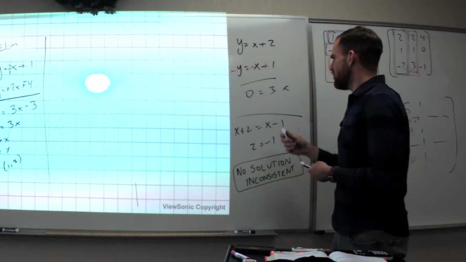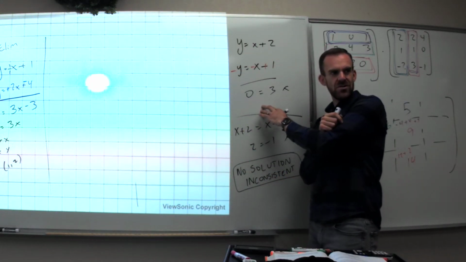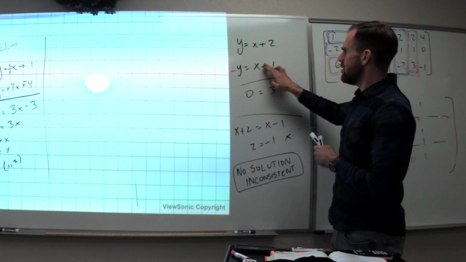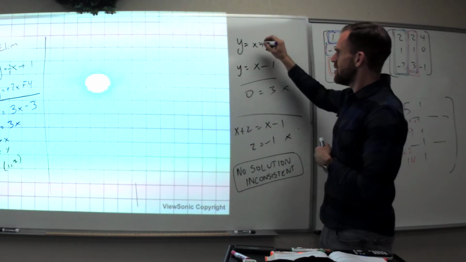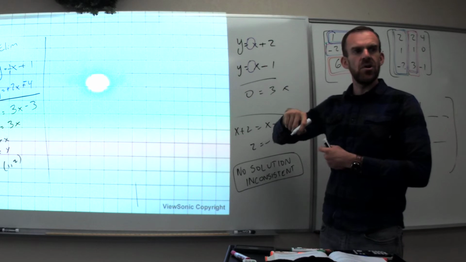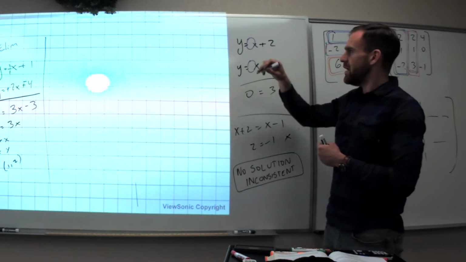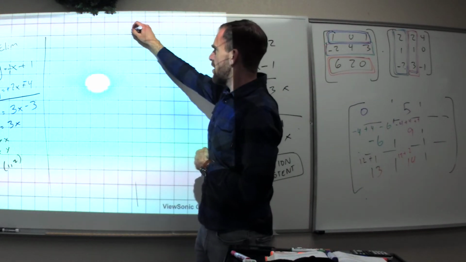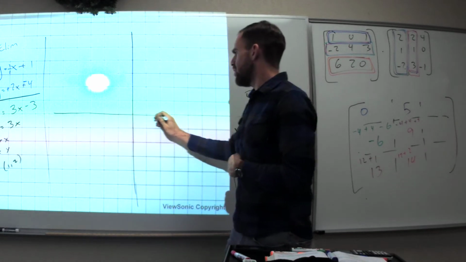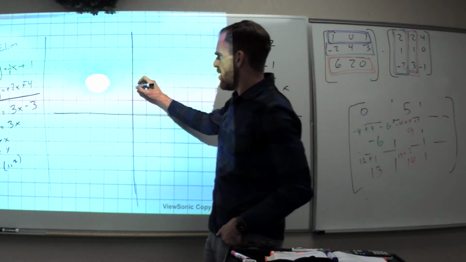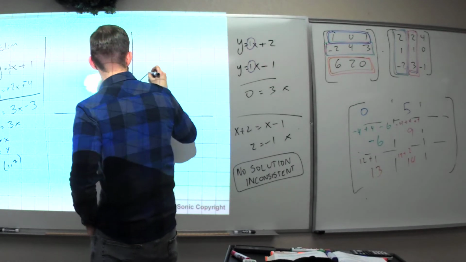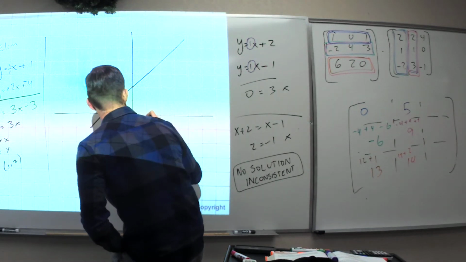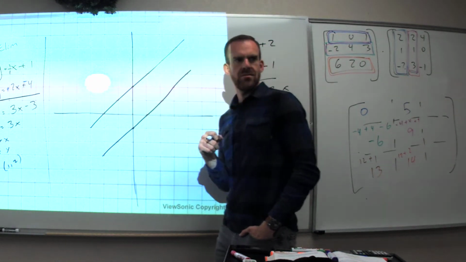How do we know that they are inconsistent? First of all, we had this weird thing, 0 equals 3, popping up. But you'll also notice that the slopes of these lines are both 1. So you have an inconsistent equation, and I'll graph these for you, when the two lines are parallel.